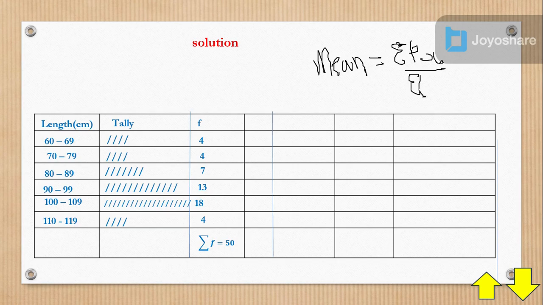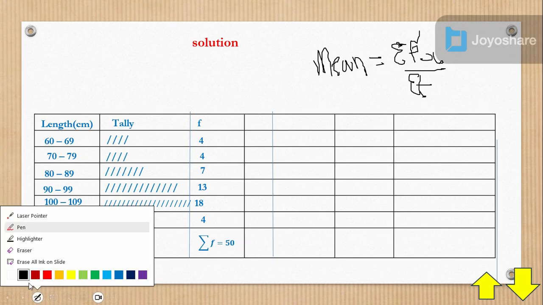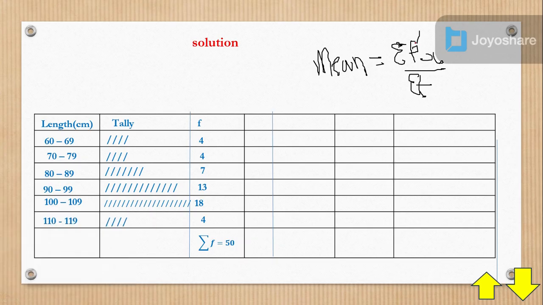So we have f, put a tick. Do you have x? Do you have summation of f? Yes, put a tick. We are missing x. So do you have x? No. Therefore let's get x.